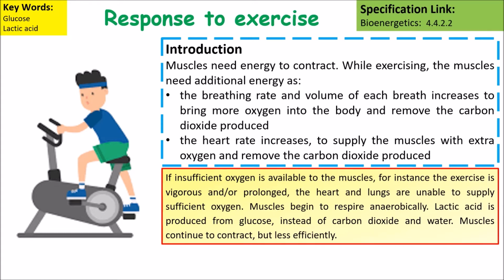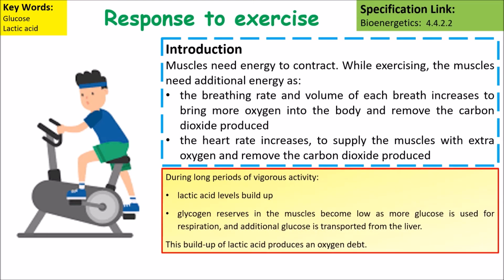If insufficient oxygen is available to the muscles, for instance when the exercise is vigorous or prolonged, the heart and lungs are unable to supply sufficient oxygen, so the muscles will begin to respire anaerobically. Lactic acid will be produced from the glucose instead of carbon dioxide and water, so the muscles will continue to contract but less effectively.